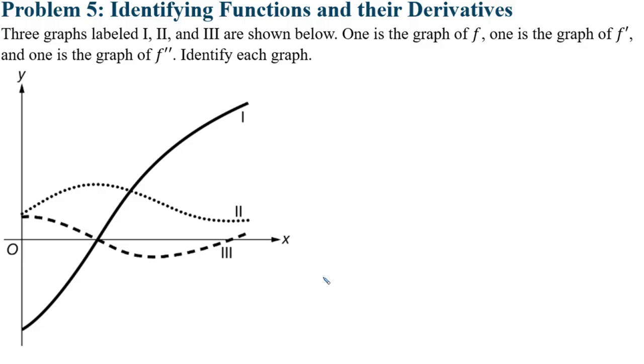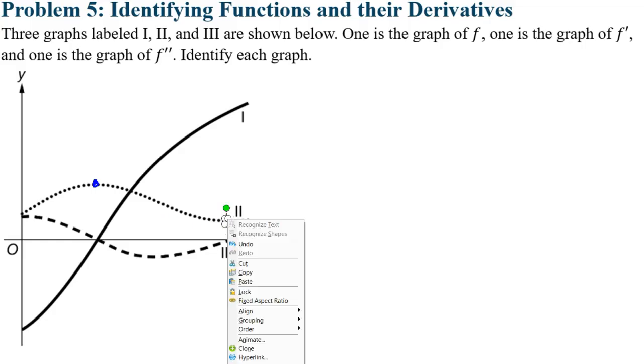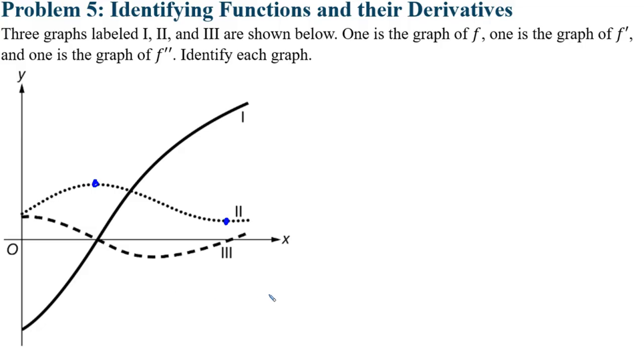I guess the first thing I'd be looking for is mins and maxes. Notice that graph 2 has a maximum right here, and then it looks like a minimum right around here. And we know that when a function has a min or max, its derivative is going to be 0.